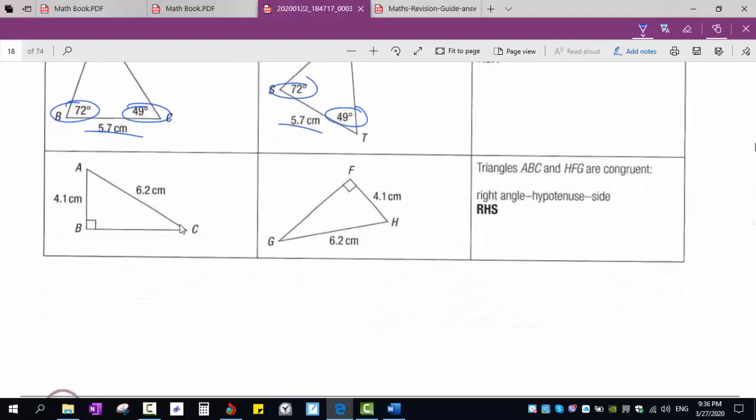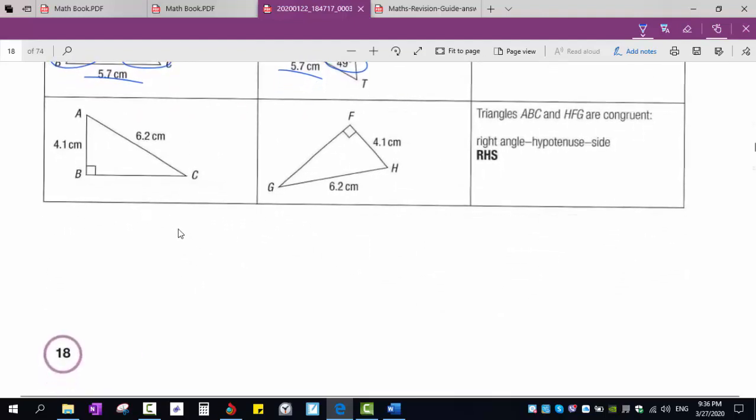And the fourth rule is RHS. It means the two triangles have a right angle. This is the R, right angle. And the side opposite the right angle, which is the hypotenuse, must be equal in both triangles.